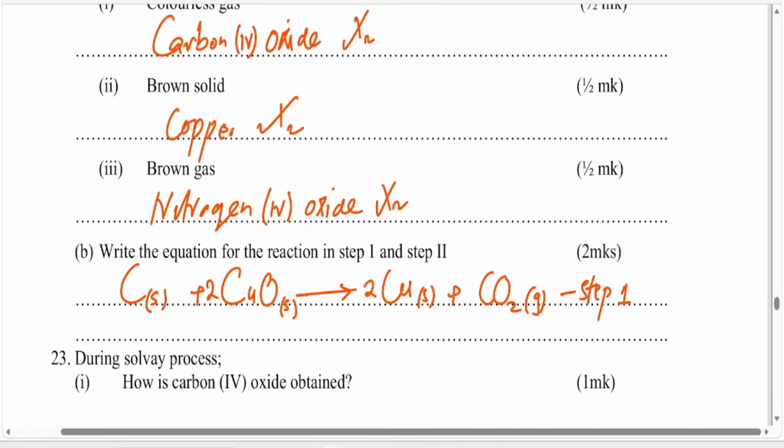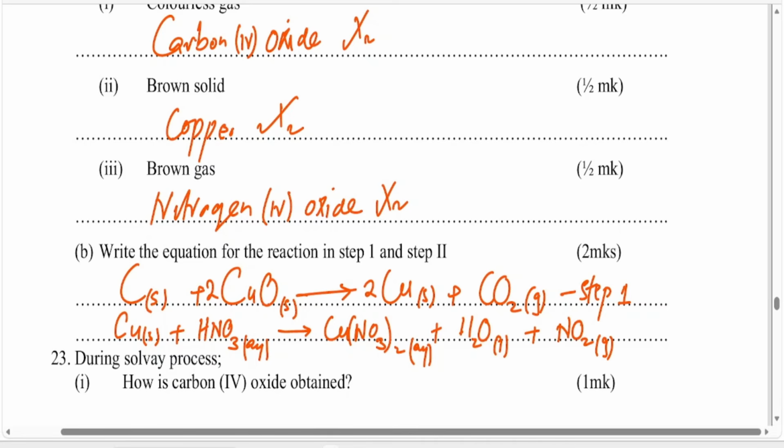Then for step 2, we have copper solid reacting with concentrated nitric 5 acid, aqueous, and we obtain copper 2 nitrate, which is aqueous, plus water, liquid, plus nitrogen oxide gas.